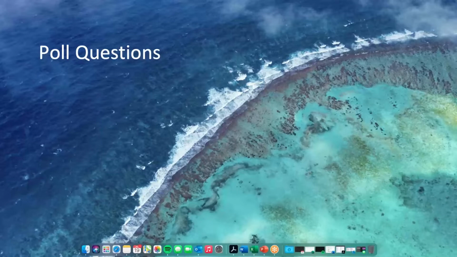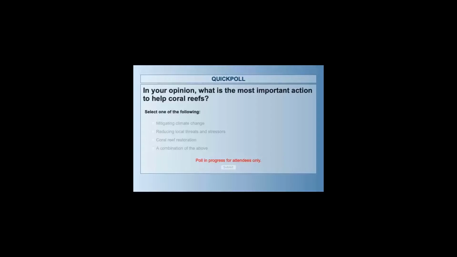And then we have one final question for you. In your opinion, what is the most important action to help coral reefs? Is it mitigating climate change, reducing local threats and stressors, coral reef restoration, or a combination of the above?